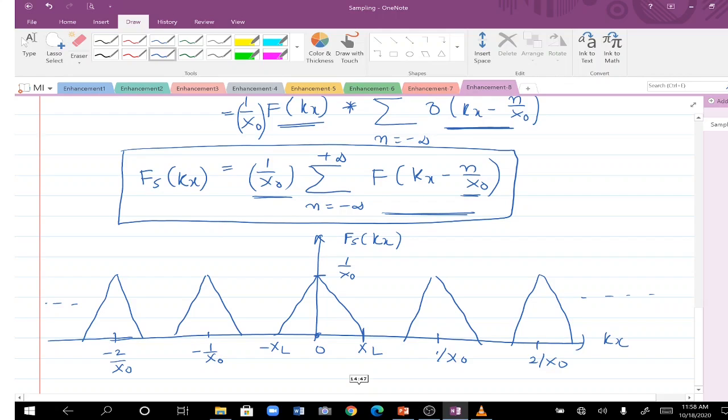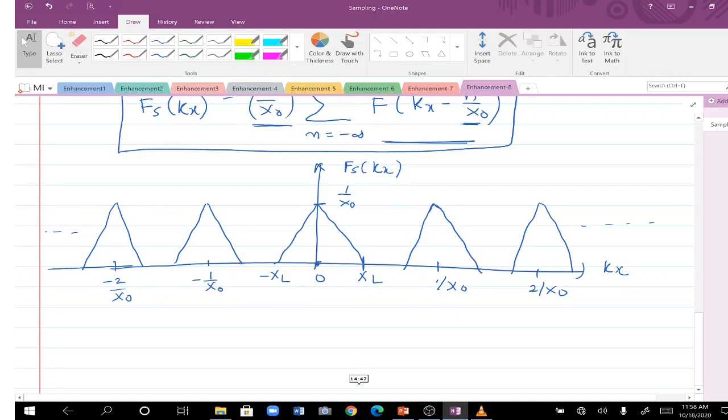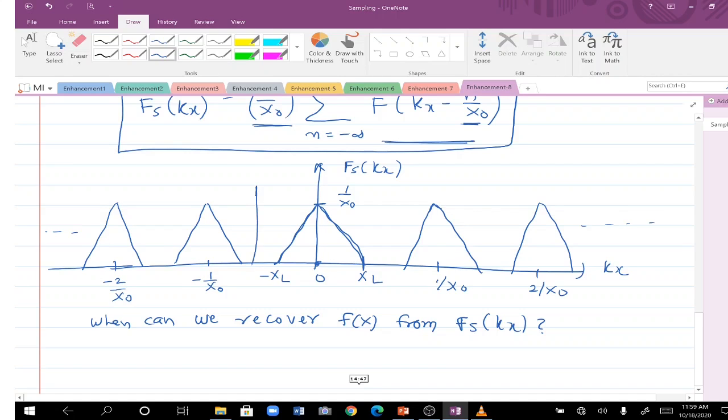Now you already know the sampling theorem, so I'm not going to go through it in a very detailed manner, but I would right away go to when we can recover f of x from fs of kx. That's the question here. Of course, when there is no overlap between these repeatedly placed copies, by using a low pass filter and extracting just one copy, with the low pass filter having a magnitude of x naught, you would get f of kx.